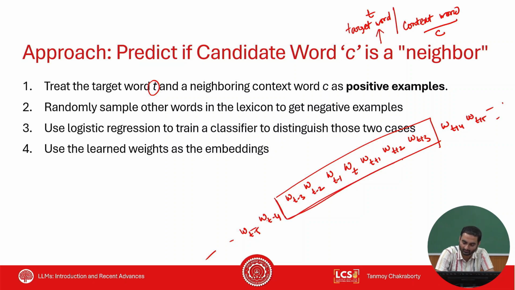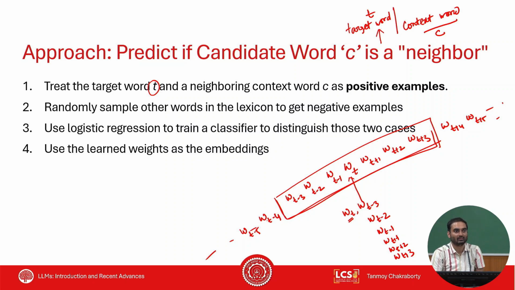This is my sliding window, and this is my target word. So what are the positive context words? For the target word WT, the positive context words are WT minus 3, WT minus 2, WT minus 1, WT plus 1, WT plus 2, WT plus 3. These are the positive context words because these words co-appear with the word WT within the context.